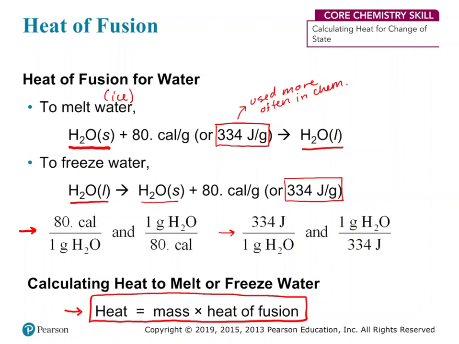So remember, the heat of fusion will be different for different substances. So if we were working with, let's say, ammonia, which is in cleaning products, that would have a different heat of fusion value than water. But typically we're looking at water.